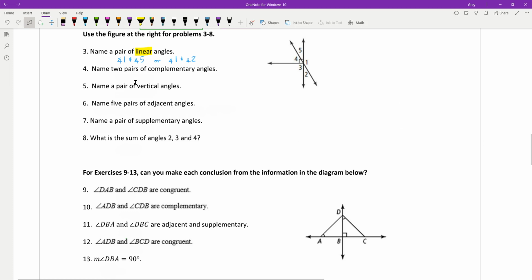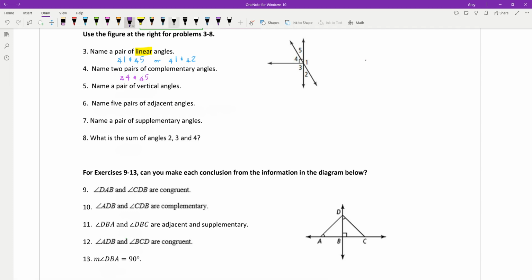Okay, look at number 4. Name 2 pairs of complementary angles. Name 2 pairs. Okay, well, I think they really only want 1 because there's only 1 in this picture. Oh, you know what they're doing? I know what they're doing. Okay, 2 pairs of complementary angles. We have angle 4 and angle 5.